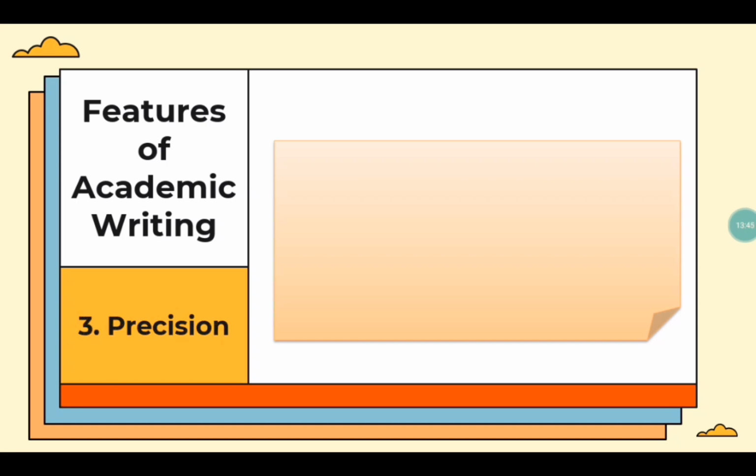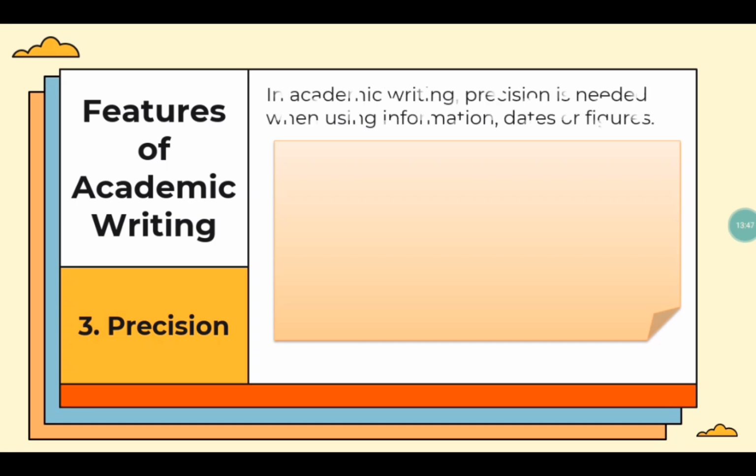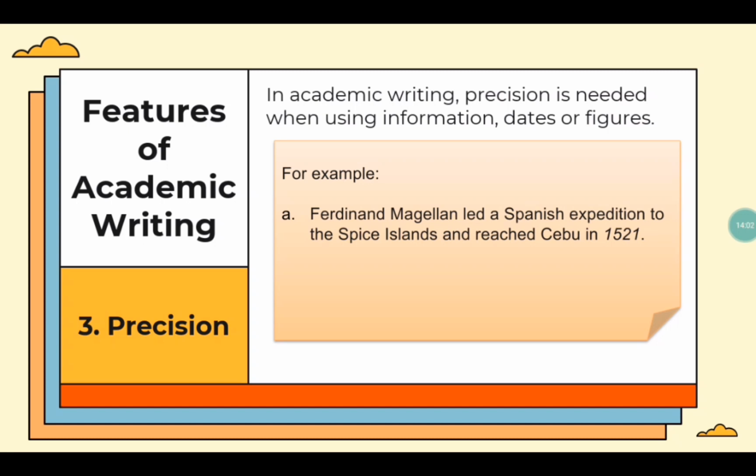Academic writing also has precision. In academic writing, precision is needed when using information, dates, or figures. So you have to be exact in giving details. For example, Ferdinand Magellan led a Spanish expedition to the Spice Island and reached Cebu in 1521.